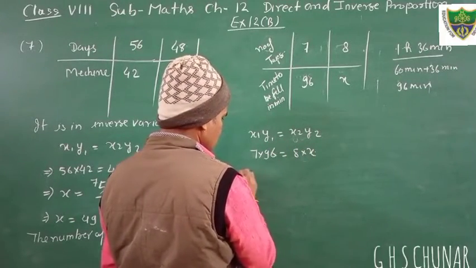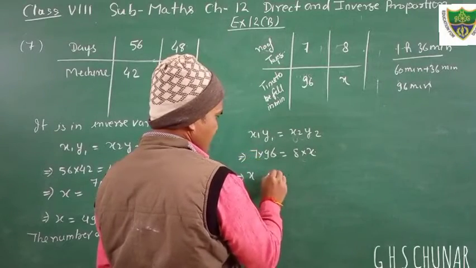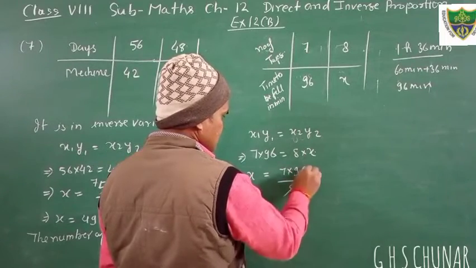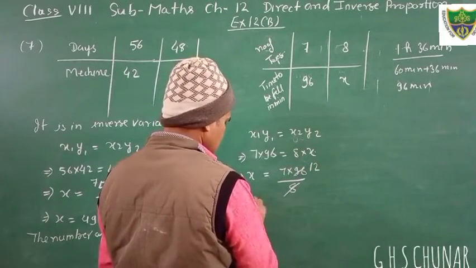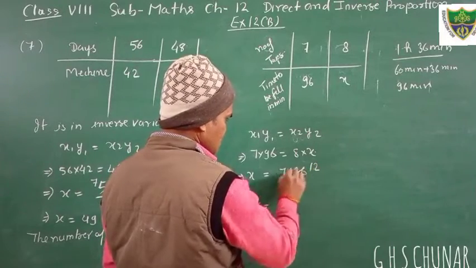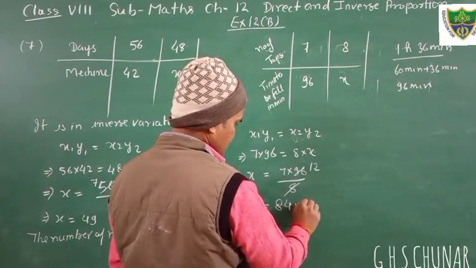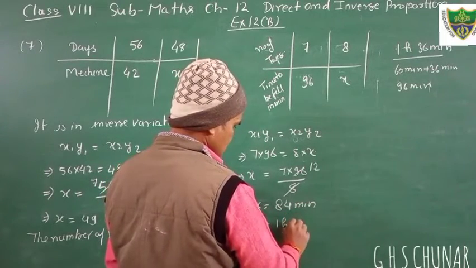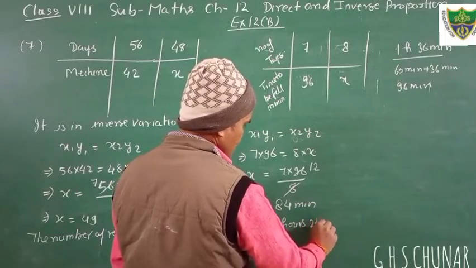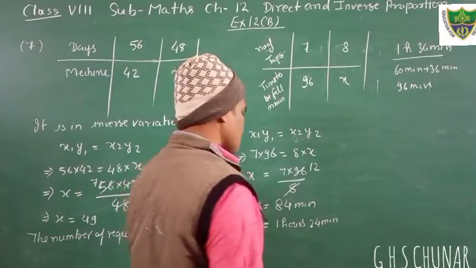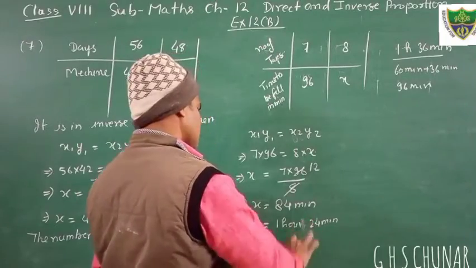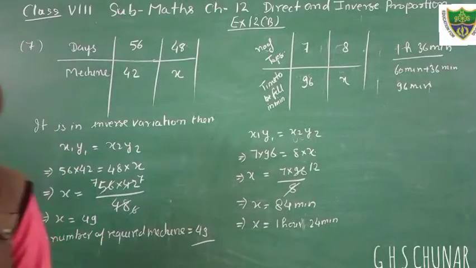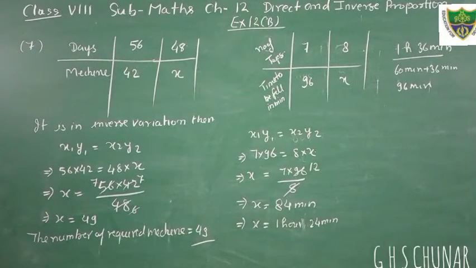So x is equal to 7 into 96 upon 8, that is 12, so x is equal to 84 minutes, that is 1 hour 24 minutes. The time to be filled by 8 taps of the same size is 1 hour 24 minutes. You note it?